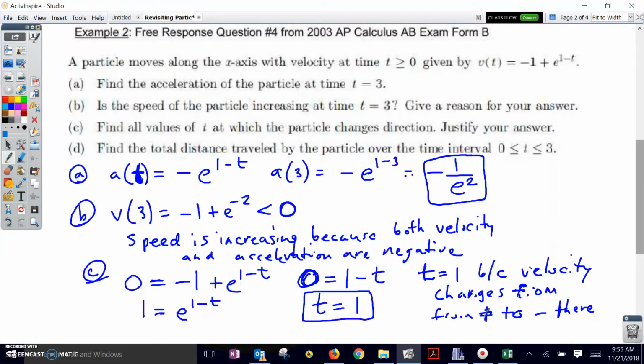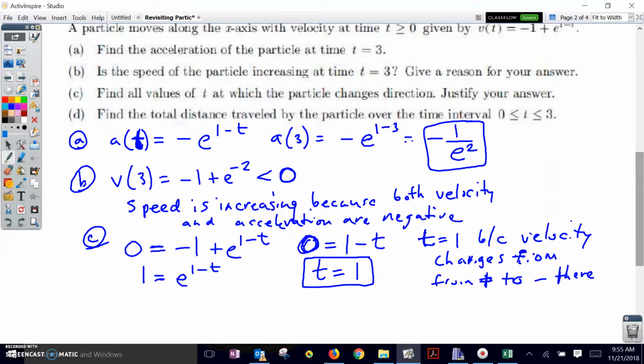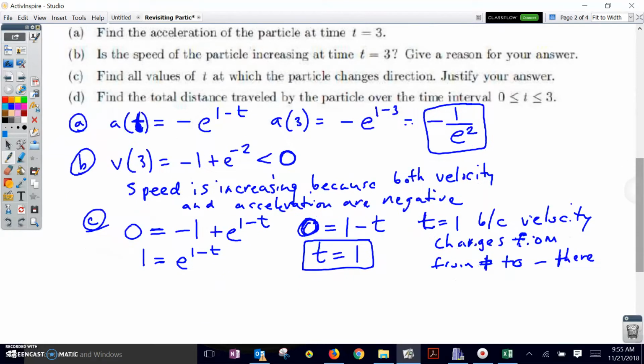And then part D, find the total distance traveled by the particle over the time interval from 0 to 3. Now, they were nice enough here, since this is a non-calculator question, they had us already figure out where it changed direction in part C. So for part D, to find the total distance traveled, we're going to take the integral from 0 to 1 of the velocity function, which was negative 1 plus e to the 1 minus t.